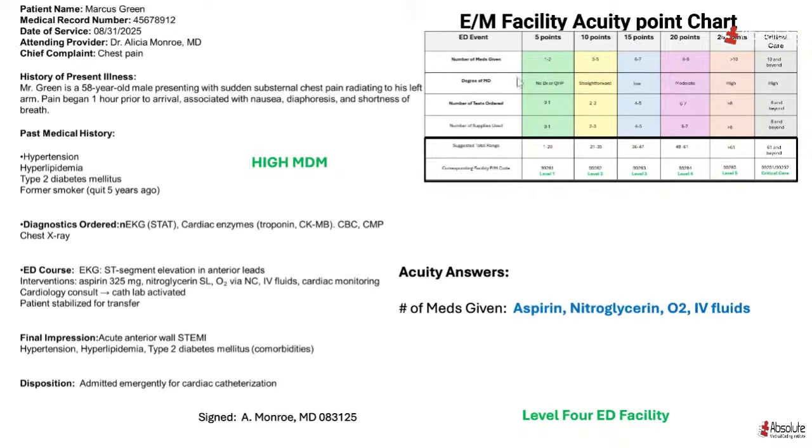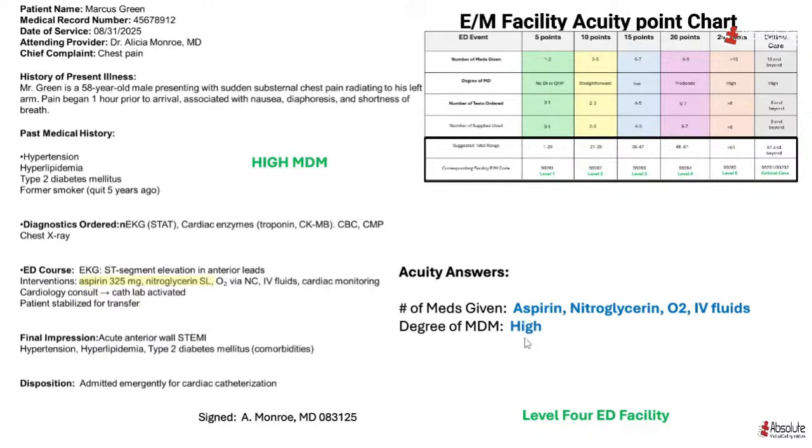So we are going to consider them as medication, and that is what my research has told me. All right, so we have aspirin, nitroglycerin, oxygen and IV fluid. So the number of meds given falls under the 10-point column, right?